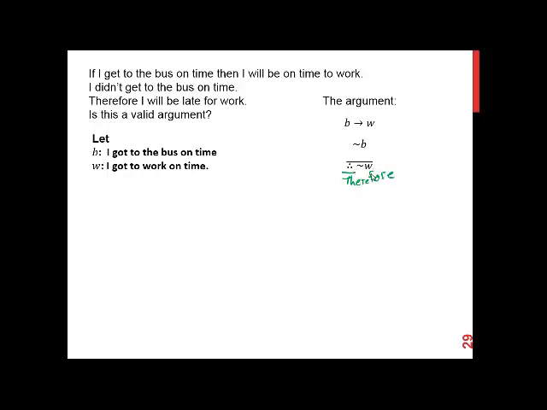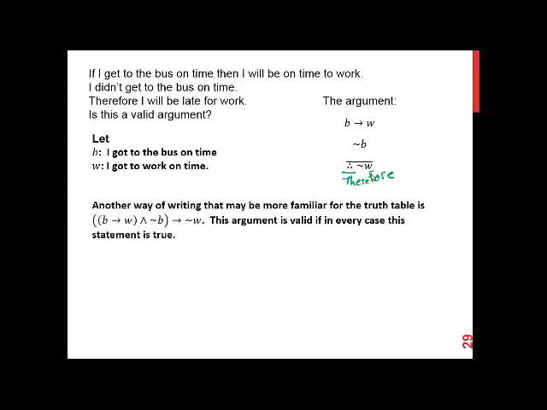Now to put this into a large compound statement, we're going to say if this and this, then this. And we're going to evaluate that statement. If we evaluate this, and our last column, the argument column, is full of T's, then we know that this is a valid argument.